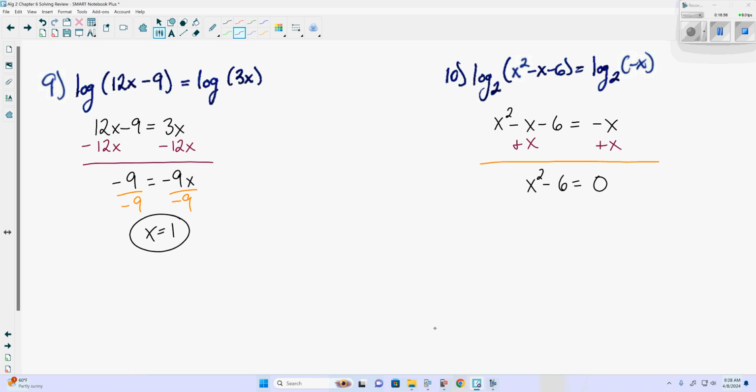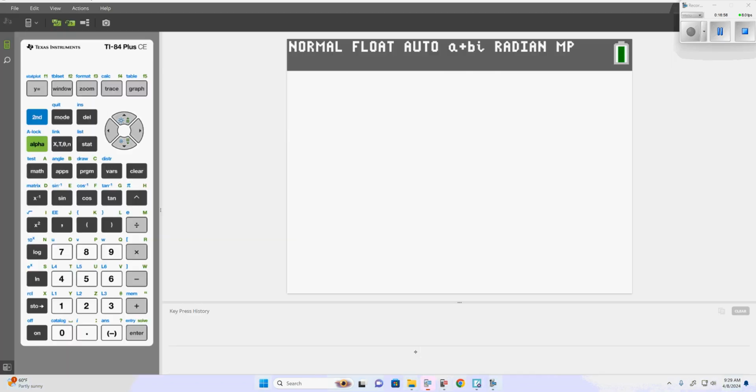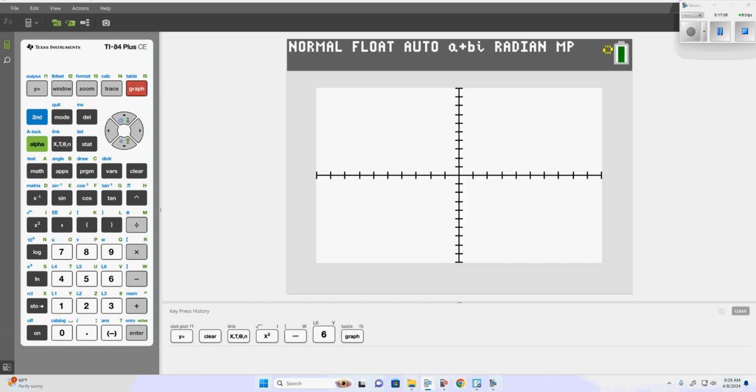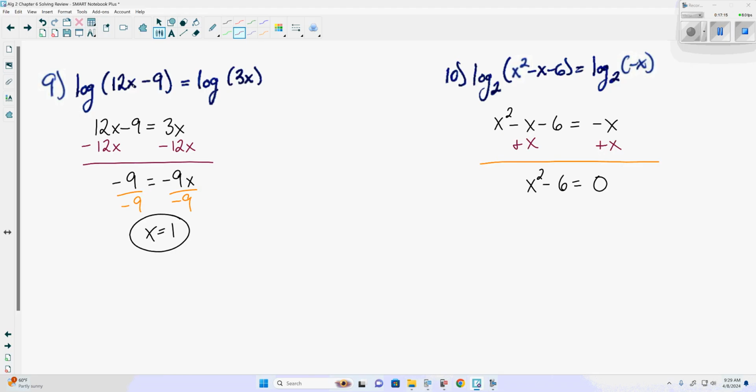Because the one thing we can do is graph it, because we do have a quadratic. Y equals x squared minus 6. Graph. Well, it does cross the x-axis at 2 points, yes? Is either one of them a nice number? No. Now we could factor it, but do we have an x term? Do we have a middle term?